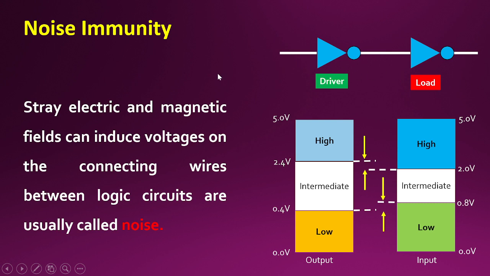In order to establish a connection between them, we need to connect a wire, or a copper bus built on a printed circuit board. Whatever it is, that wire or bus can very well act as a very good antenna.